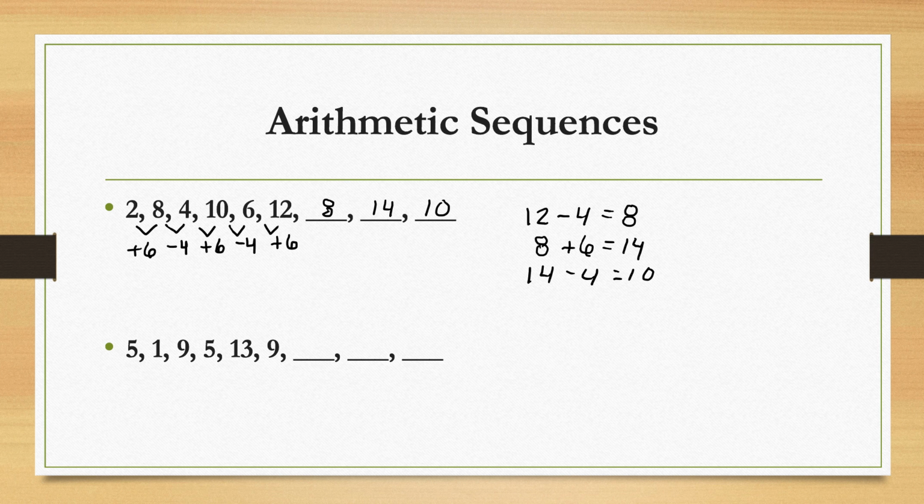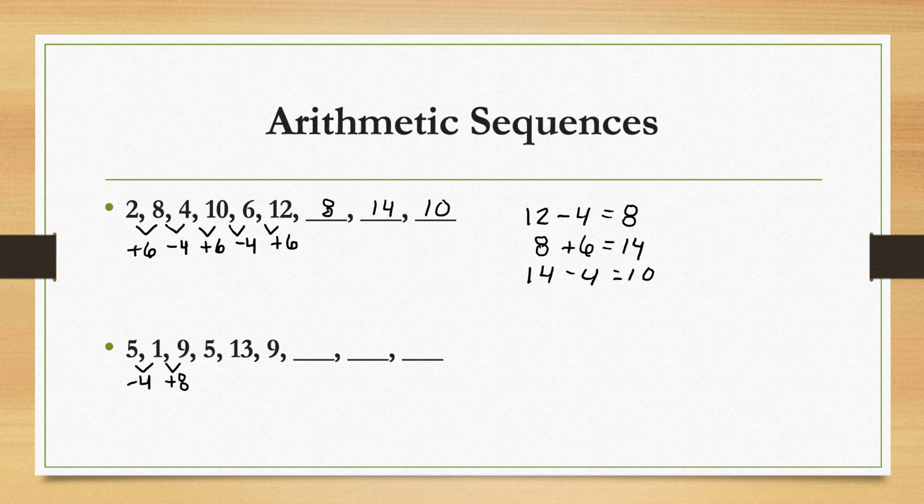All right, so let's try this last one. So we're starting at 5 and we're going down to 1. So 5, how do we get to 1? We're going to subtract 4. Okay. All right, what about going from 1 to 9? That's going to be adding 8, right? 1 plus 8 is going to give you 9.